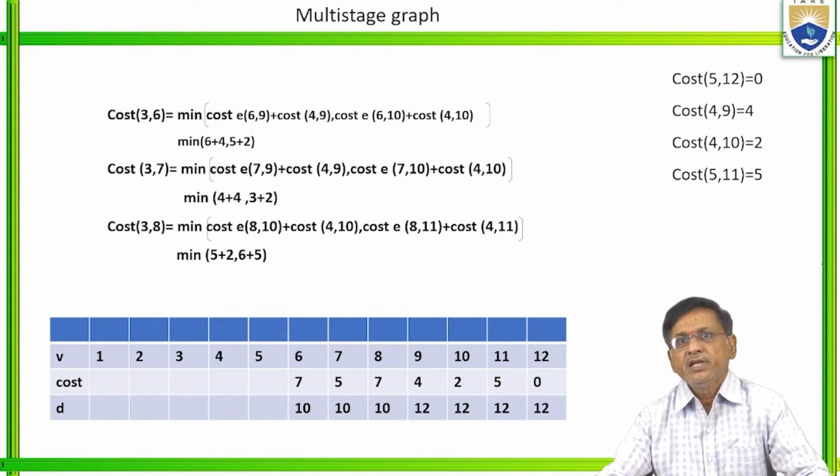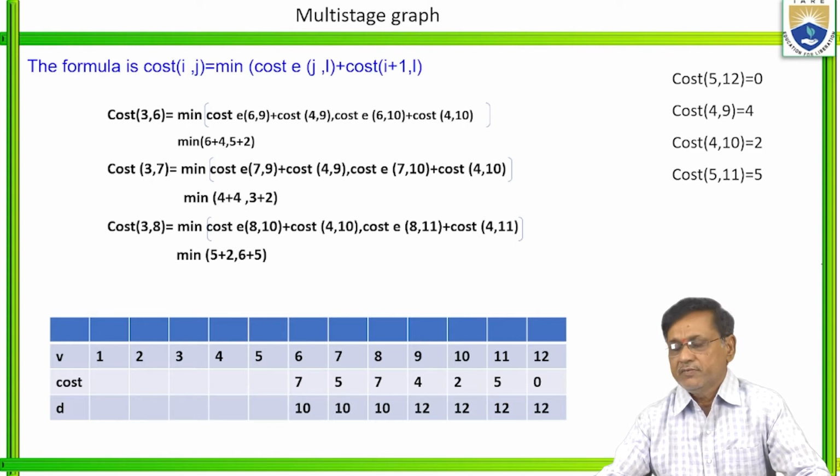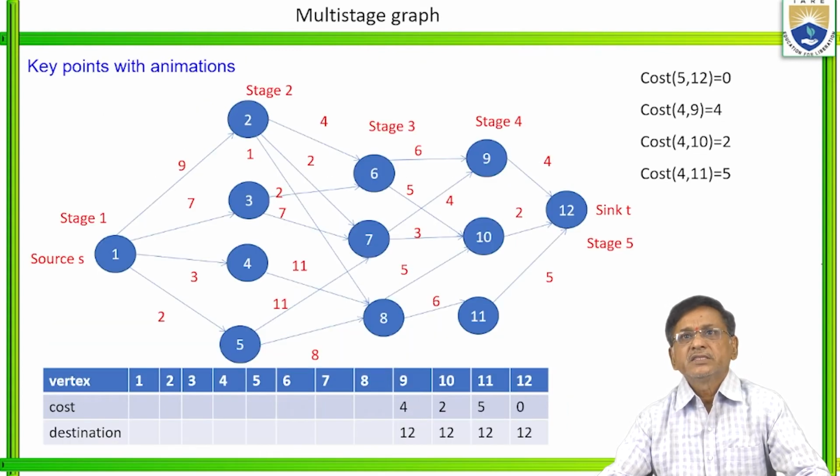Then coming to the vertex 8 in the third stage. So from vertex 8, again two paths are there. One is from 8 to 10, another is from 8 to 11. So again we have to find out cost of vertex 8 in the third stage.